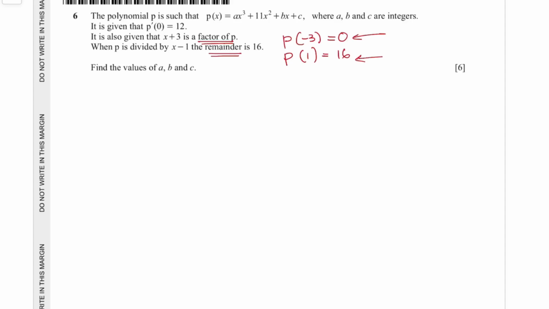Let's equate them out. First thing first, this is going to be your polynomial. It says there it is given that p prime 0 is equal to 12. So let's work on the first derivative. P prime 0 means that you are going to differentiate the polynomial once. So ax cubed would be 3ax squared, and then our x is 0.